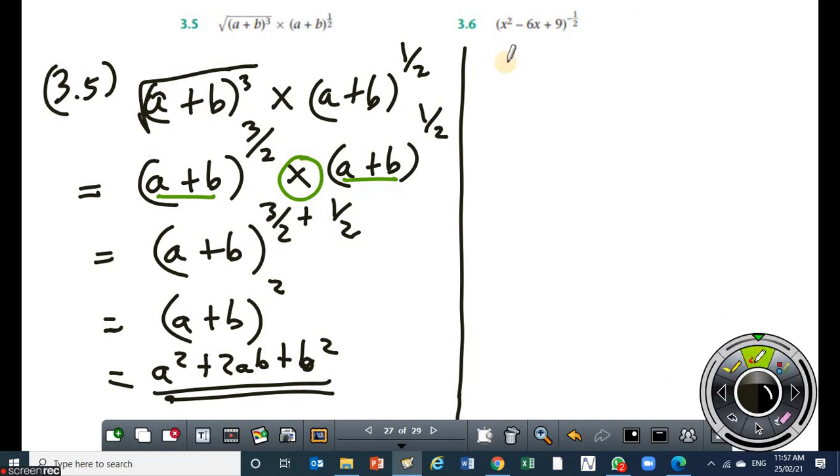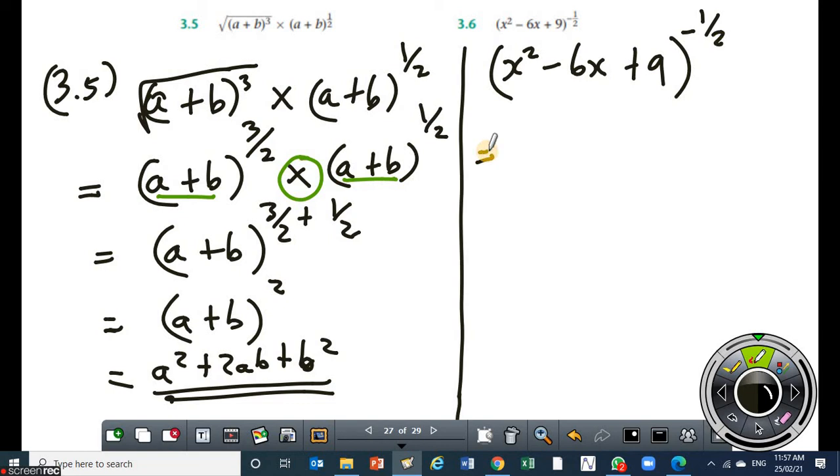Alright, so we have x squared minus 6x plus 9 all raised to the power of minus a half. That's what we have. Okay, now this one requires knowledge of factorization. You cannot carry on without factorizing the trinomial inside brackets. Okay, so can someone factorize that?